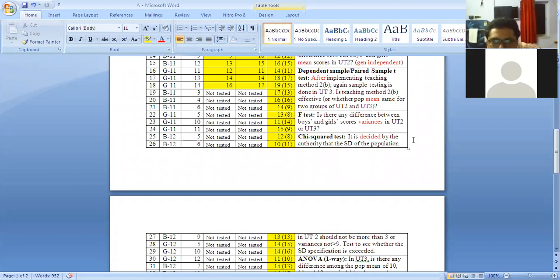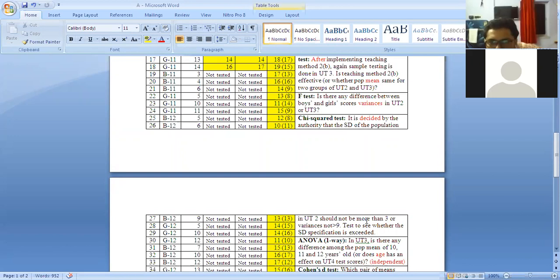Suppose it is decided by the authority that the standard deviation of the population in unit test 2 should not be more than 3 or the variance is not greater than 9. Okay, because standard deviation is 3, then the variance will be 3 square 9. So test to see whether the standard deviation specification is exceeded.